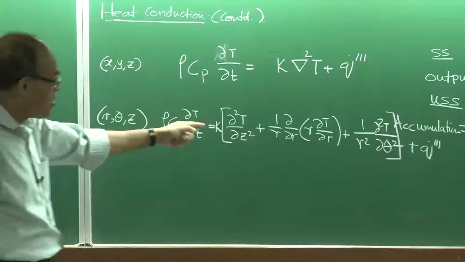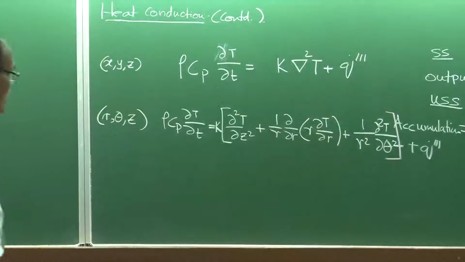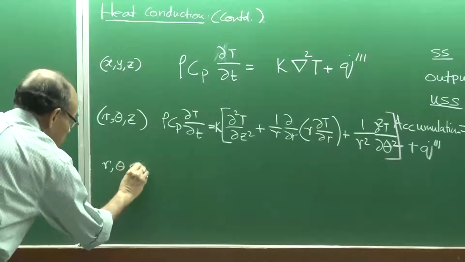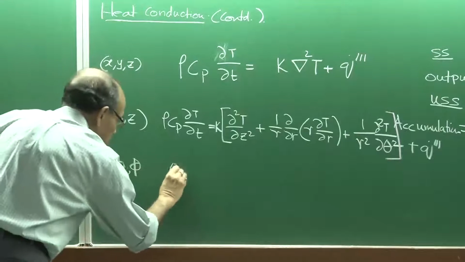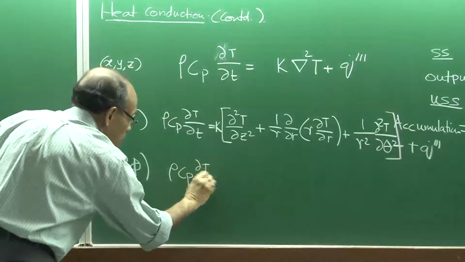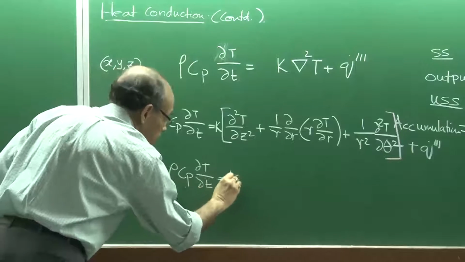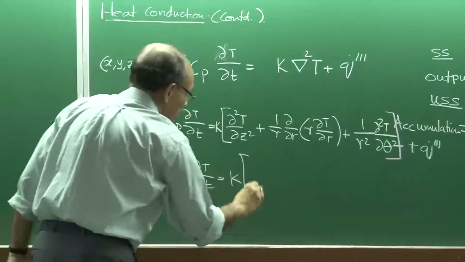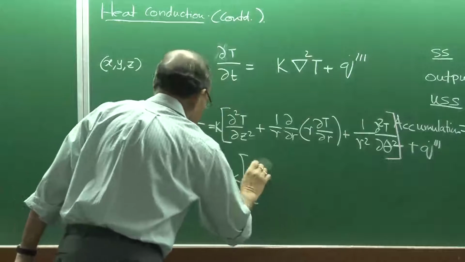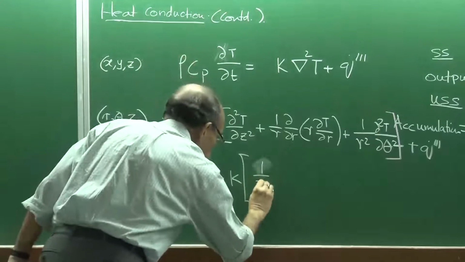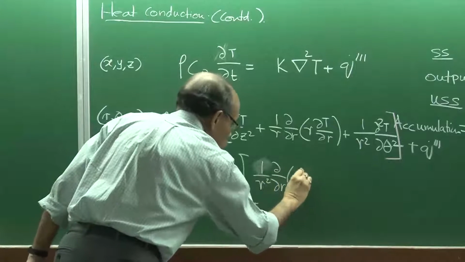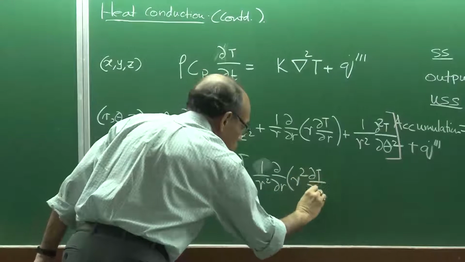A little bit of complexity has come in because of the geometry involved, and if the same equation is written in terms of r, theta and phi, this expression will look something like this, again with k taken to be constant. I will write 1 by r square, this is the radial direction term.